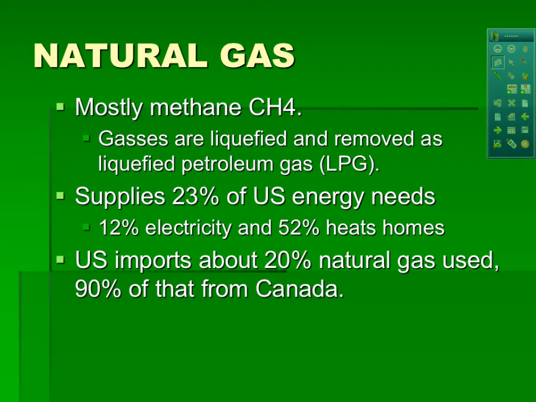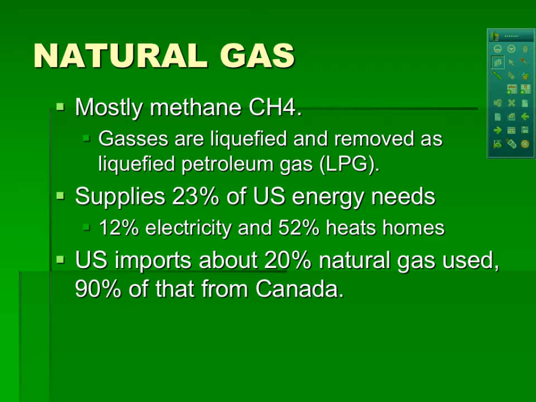Okay, natural gas is usually methane, CH4 chemical formula. They're liquefied and then removed as liquefied petroleum gas. So it supplies about 23% of the U.S. energy, 12% of the electricity, 52% for heat. We import about 20% of what we use, and then 90% of that 20% is coming from Canada.